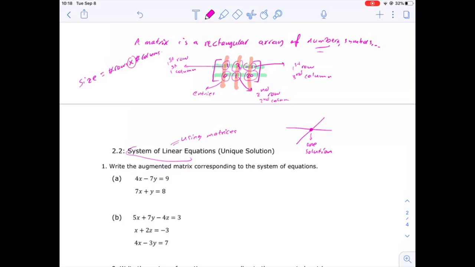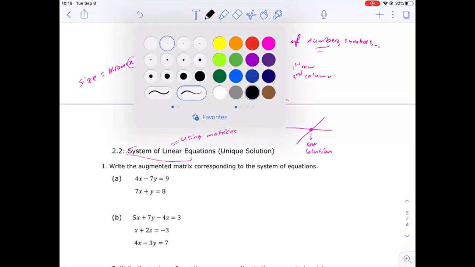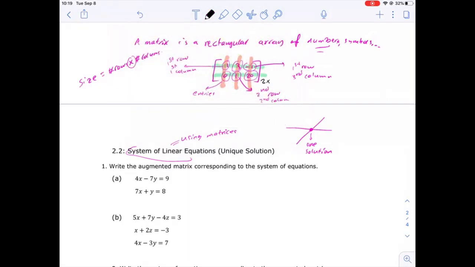It means, for example, if it's 3 by 4, that means 3 rows and 4 columns. Here in this example, we have 2 rows and 3 columns, so we write the size as 2 by 3. It's not equal to 6. It means a matrix that consists of 2 rows and 3 columns. This is called the size of the matrix.